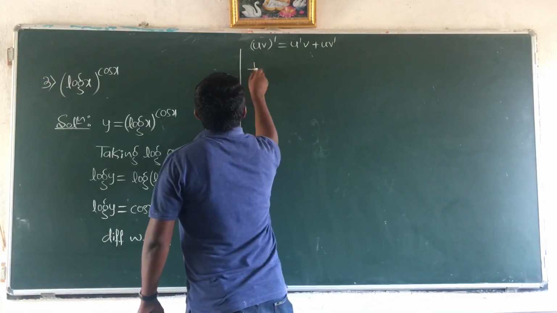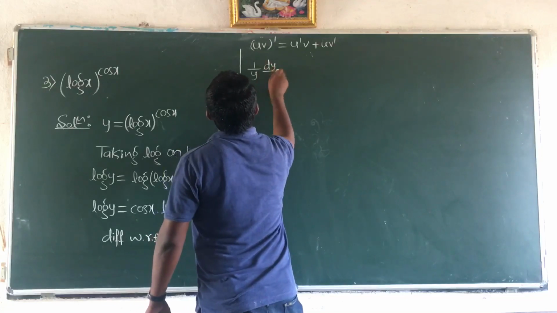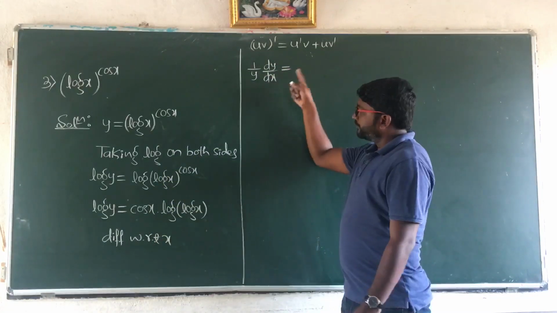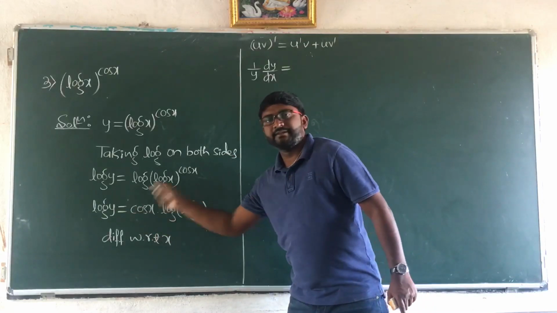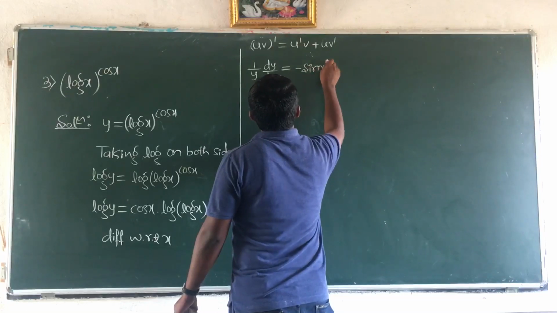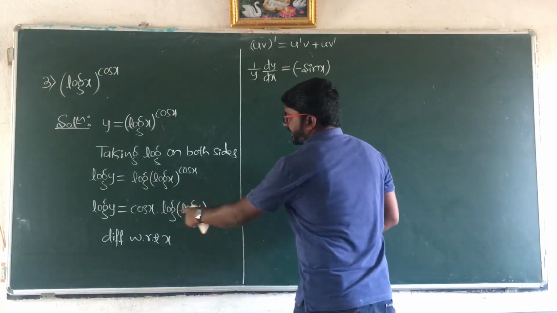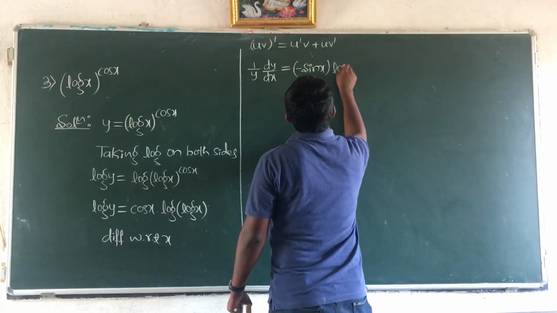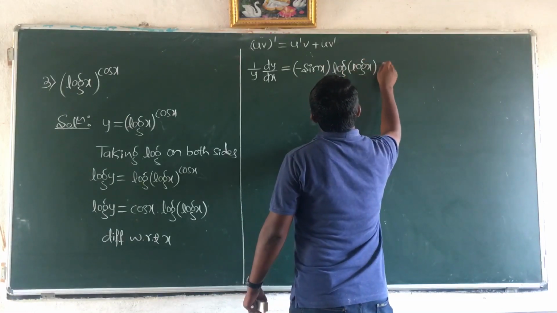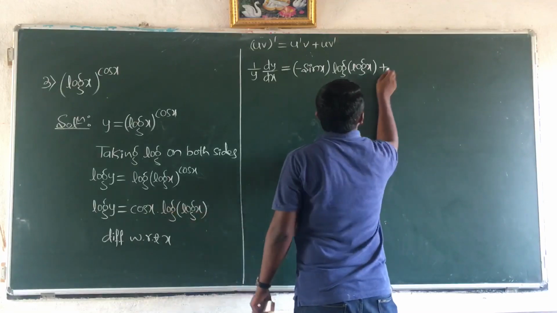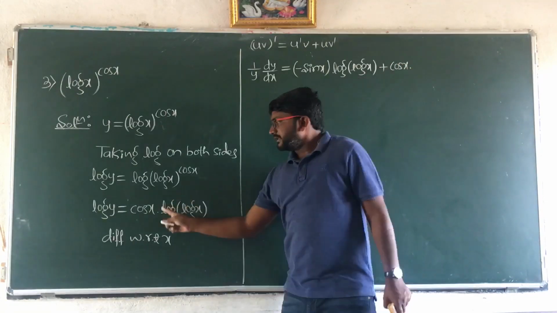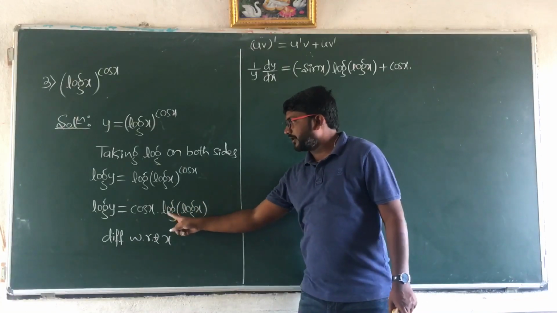It becomes 1 by y dy by dx, which is equal to now u' v, derivative of cos x, it is minus sin x into v, second function must be written as it is, log x, plus, now write the first function as it is, cos x, into derivative of the second function, it is in the form of log x.